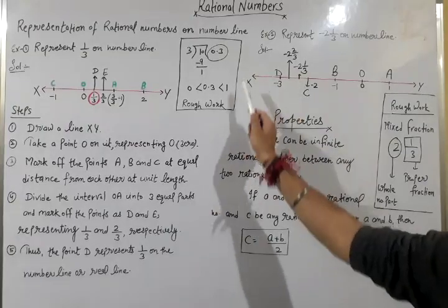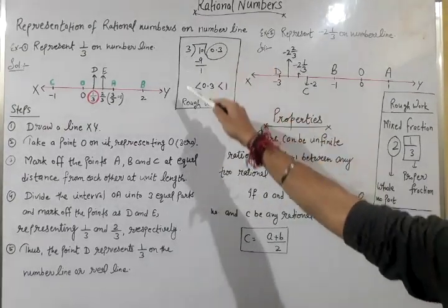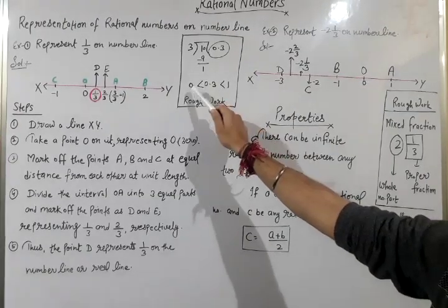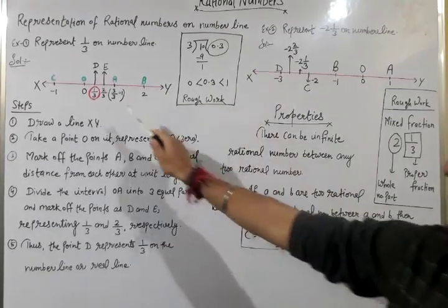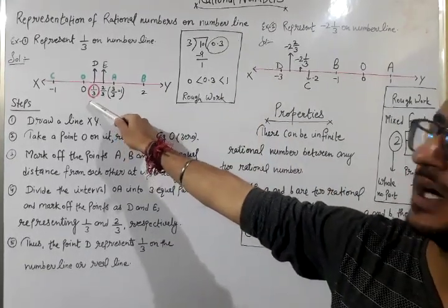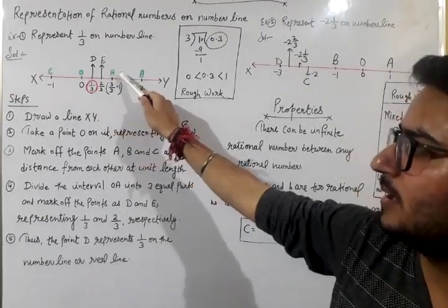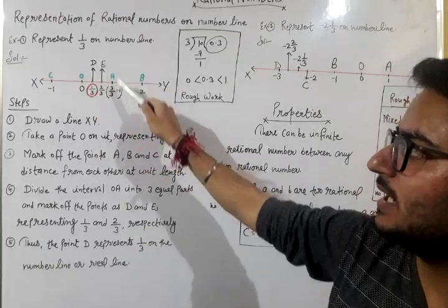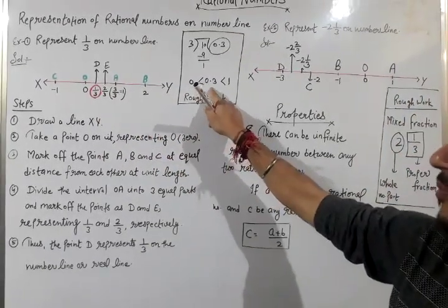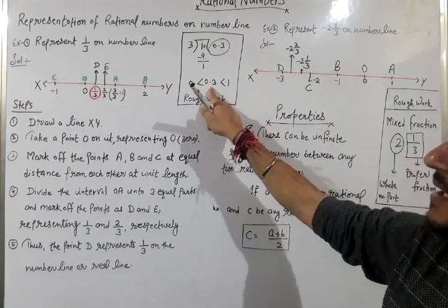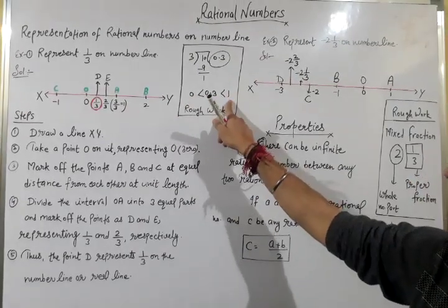So by this rough work, we get to know that 0.3 will lie between 0 and 1. So come on to our number line. Take this interval OA. O represents 0, A represents 1. So 0.3 will lie between 0 and 1. It means 1 by 3 will lie between 0 and 1.